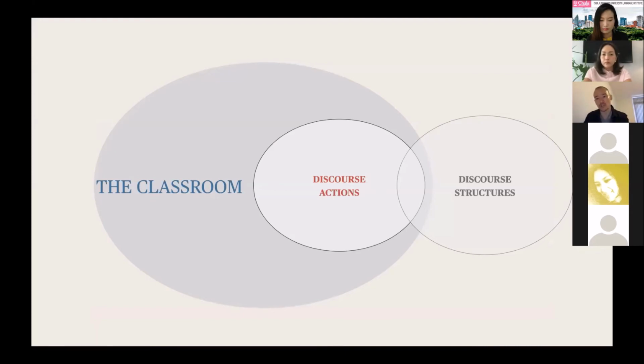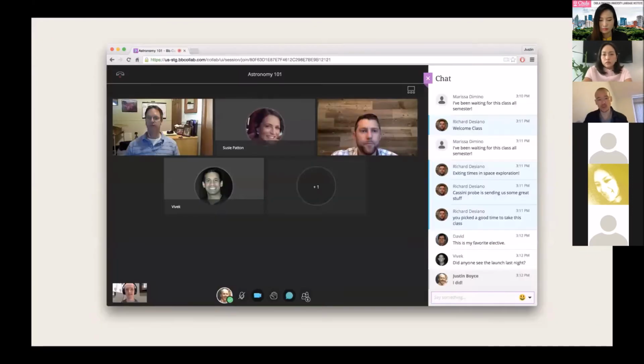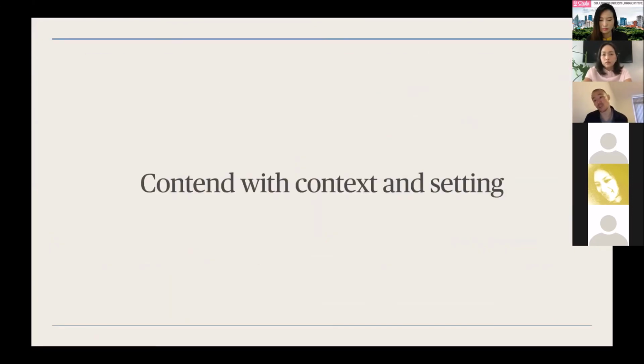Or to focus on the discourse actions. Conversation analysts, for example, are notoriously bad at looking just at the interactional context, but not focusing on the larger setting, right? So the tradition in classroom discourse research, the tradition in ELT research indeed, has been to look at context and to neglect setting or vice versa.